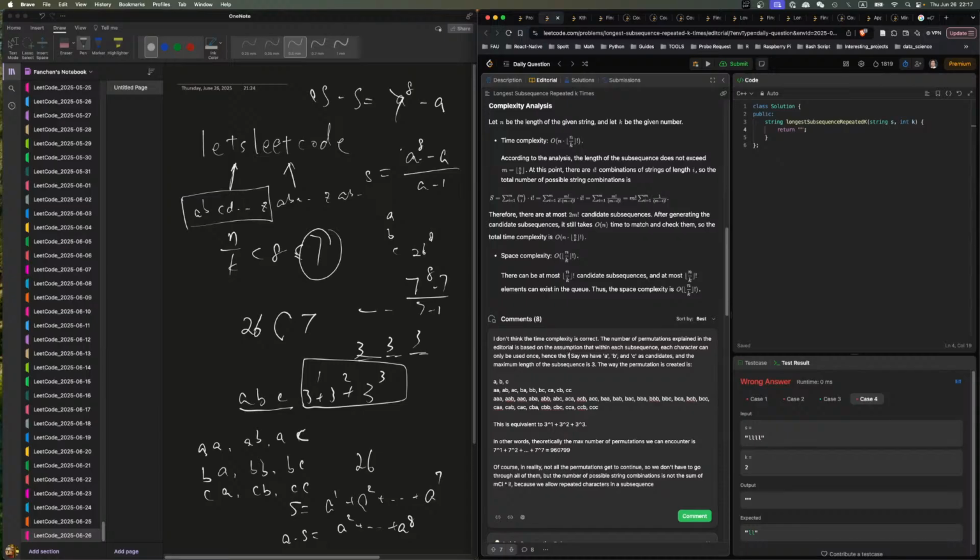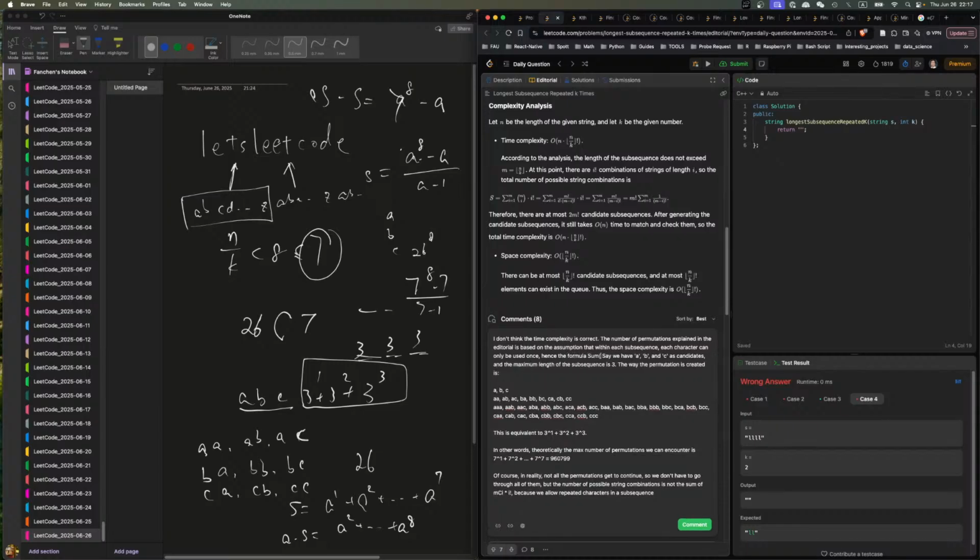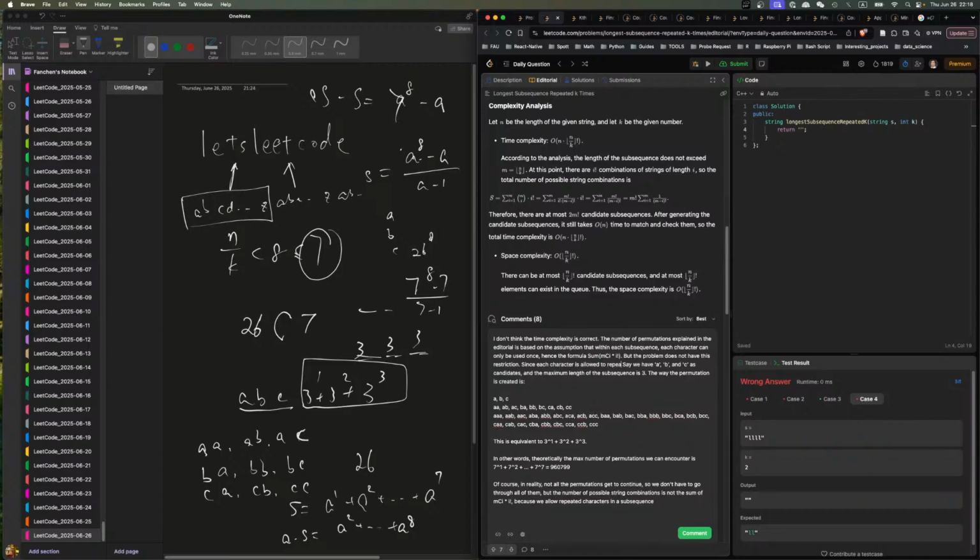Hence the formula sum of m choose I times I factorial. But the problem does not have this restriction. Since each character is allowed to repeat, the total number of permutations is much bigger.